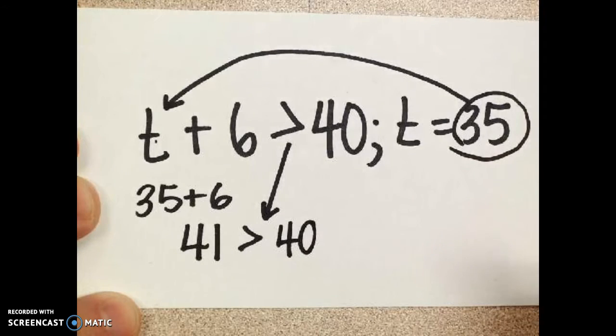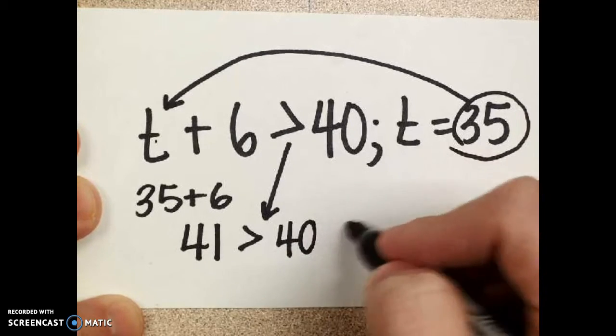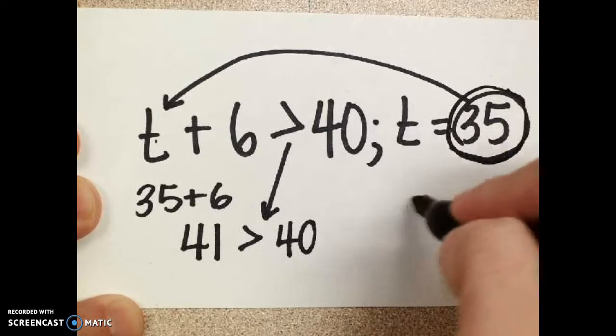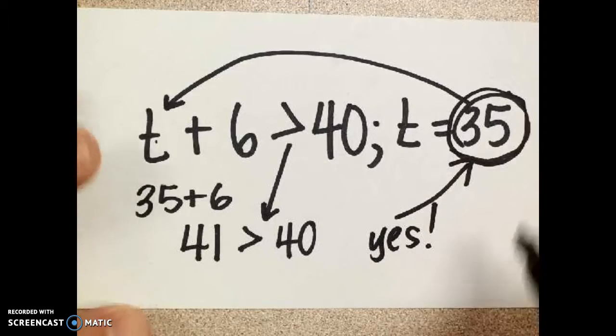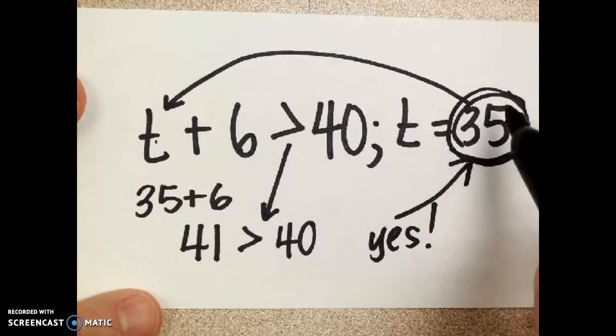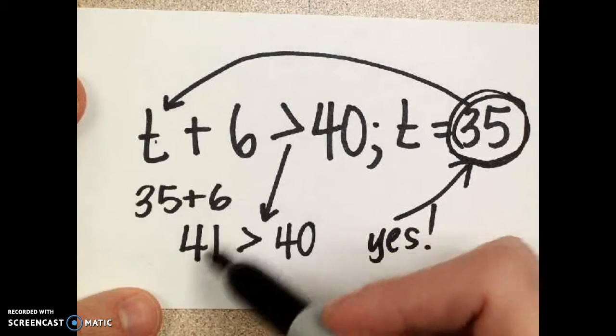What do you guys think? Yeah, it's greater than 40. Okay, so this statement is true. Therefore, 35 can be a solution to this inequality. Now, any number that is greater than 35 would actually work here. Think if we put in 36. 36 plus 6 would give us 42.